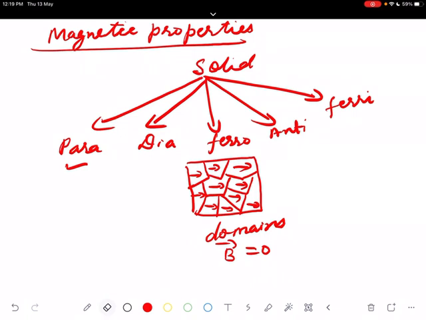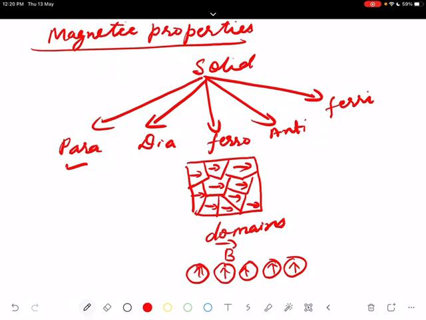This ordering persists even when the magnetic field is removed and it acts as a permanent magnet. Now I cannot write this as 0. There is a magnetic moment. So this ordering persists. Now it acts as a permanent magnet.